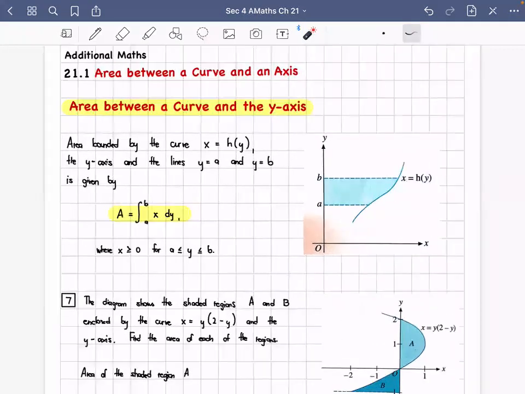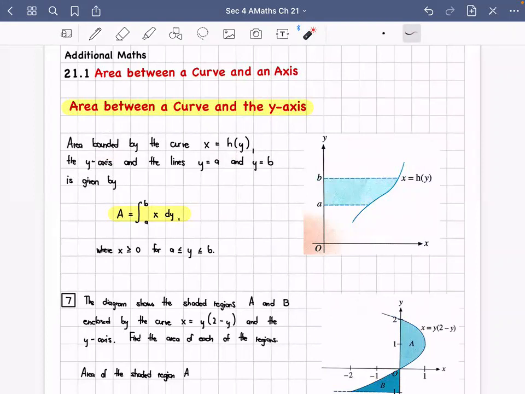Okay. So the area bounded by the curve x is equal to h of y, the y-axis and the lines y is equal to a and y is equal to b, so it's bounded by this. So b is your upper limit, and then a is your lower limit.